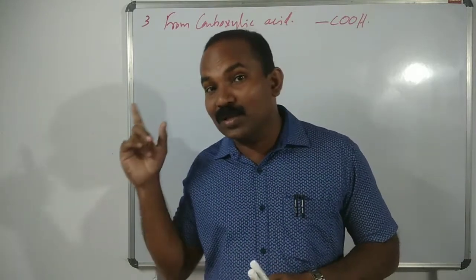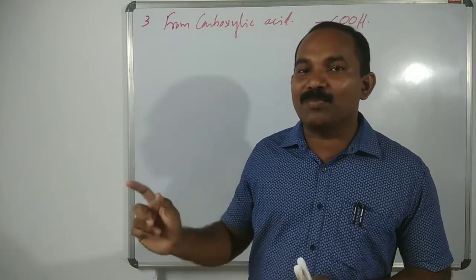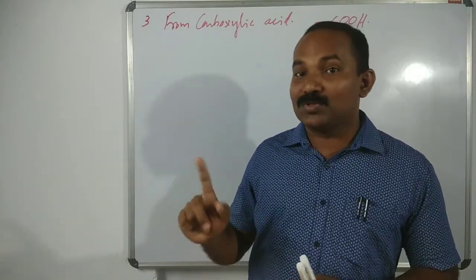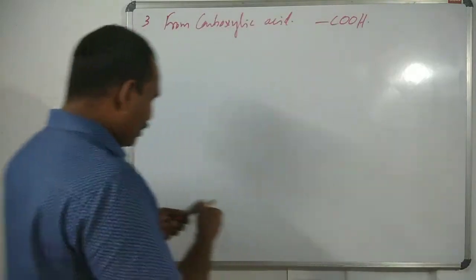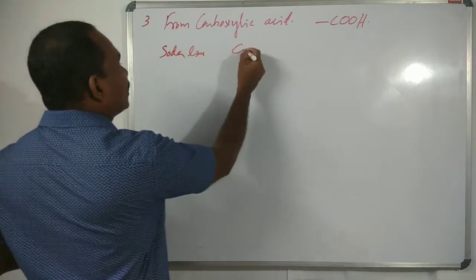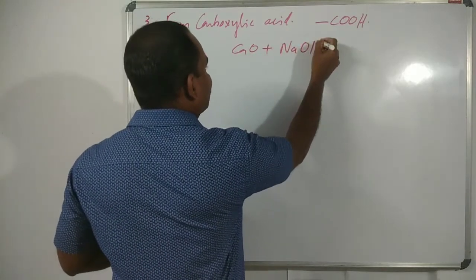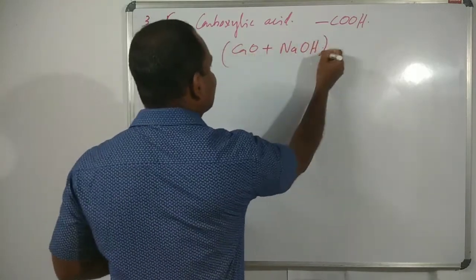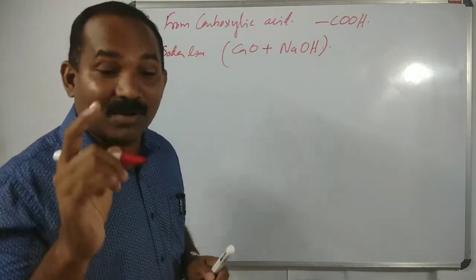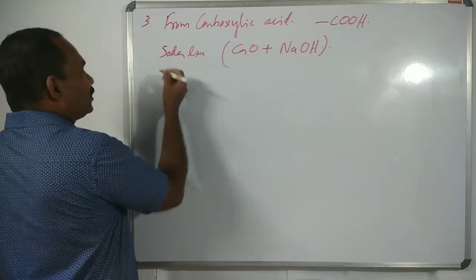The other is lime juice, if it is in the shop. So soda lime means calcium oxide plus NaOH.